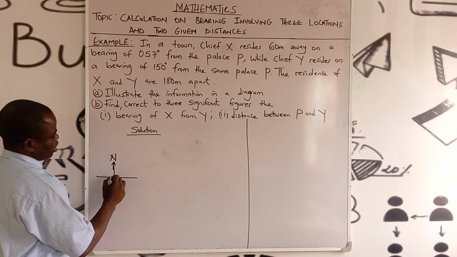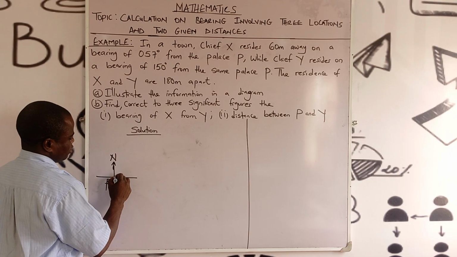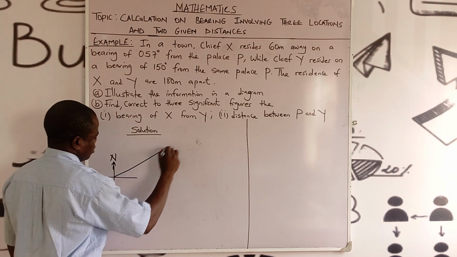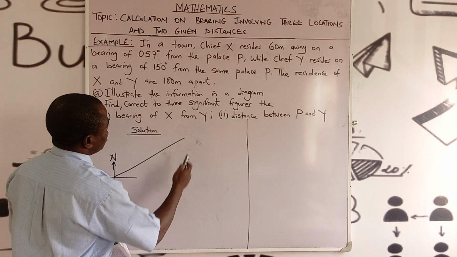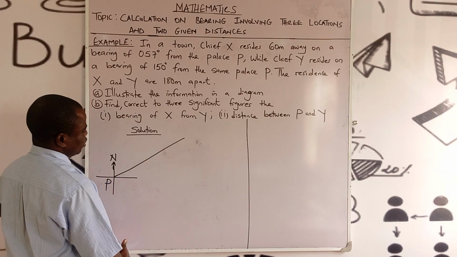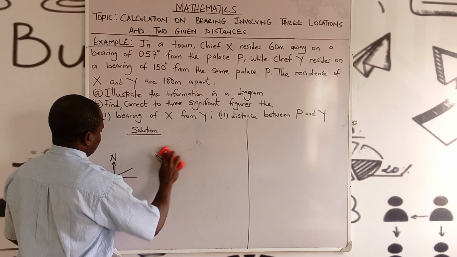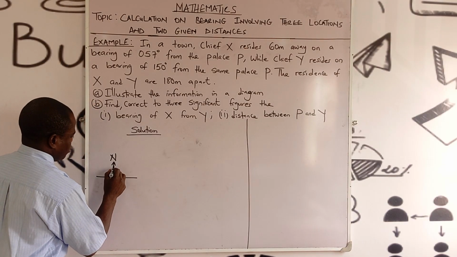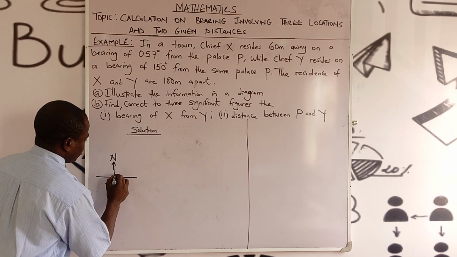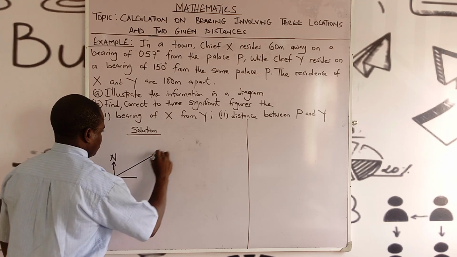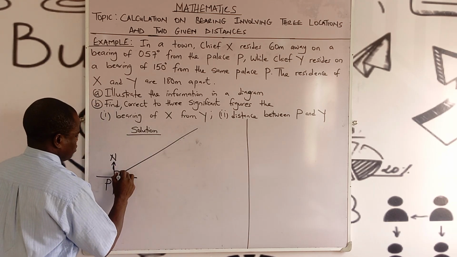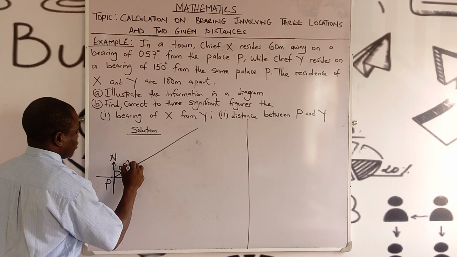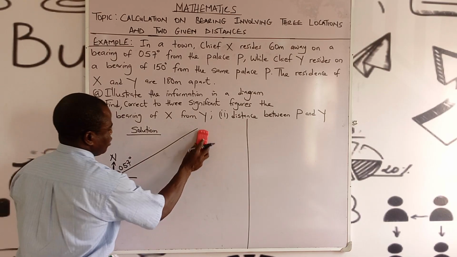The Chief X resides 60 meters away, on a bearing of 057 degrees.